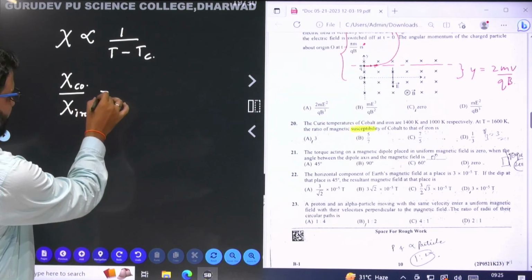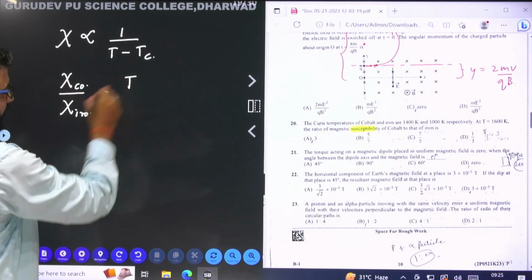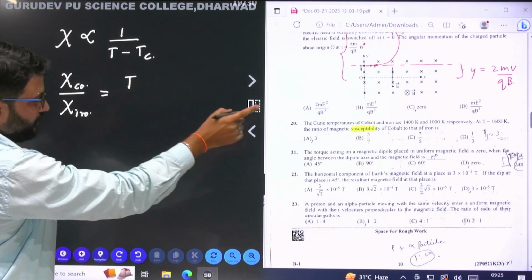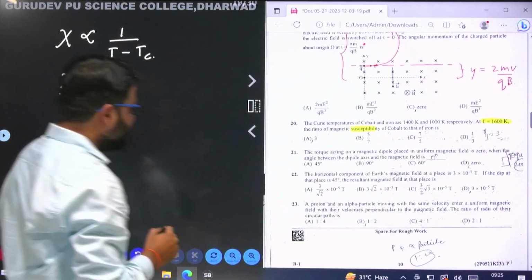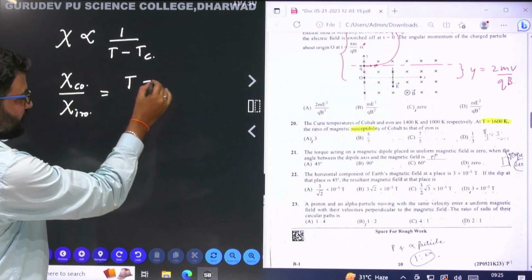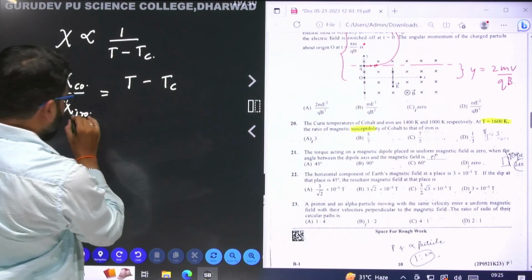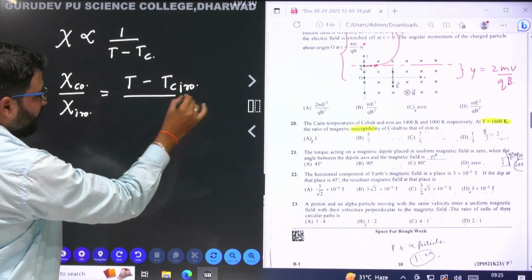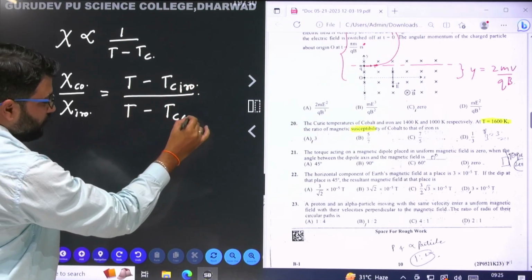Now if you write this, you would see that it is inversely proportional. That's why you will have T, the general temperature which is given here, and it would be the same for both. So this would be T minus Curie's temperature of iron divided by T minus Curie's temperature of cobalt.